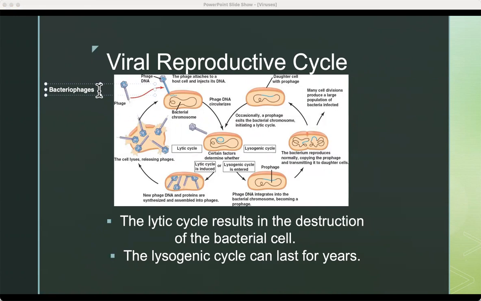So the first step in any viral reproductive cycle is attachment. So the virus has to attach to the host cell. And this is usually done with glycoproteins.